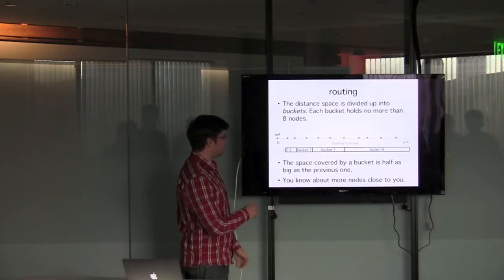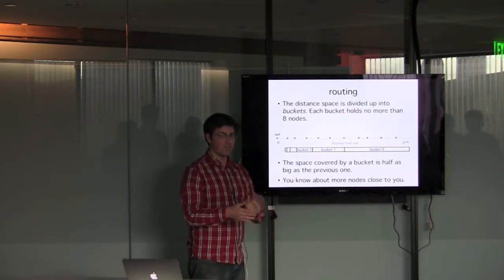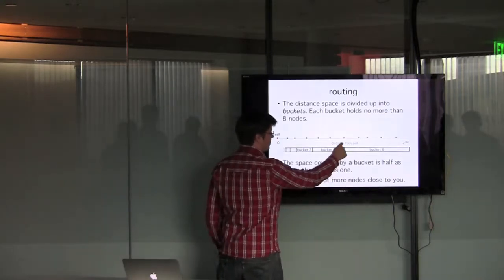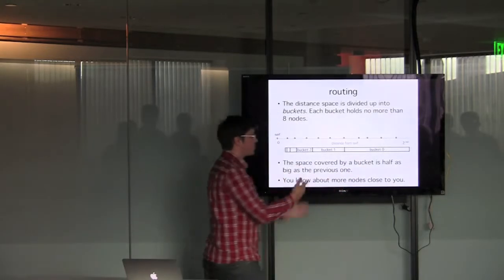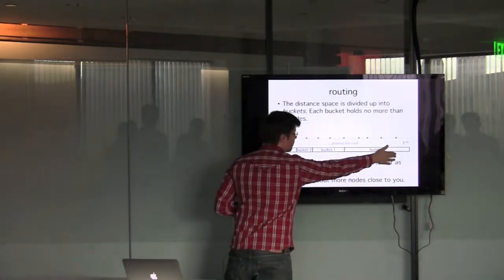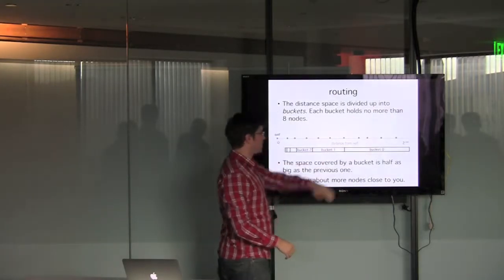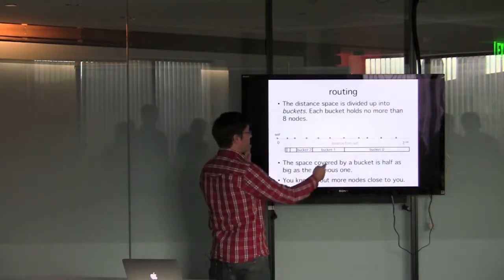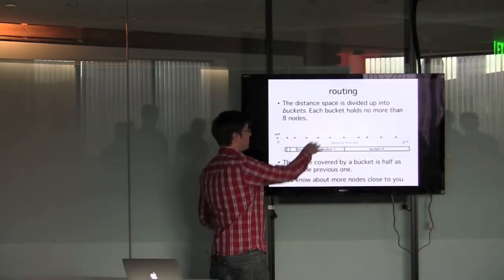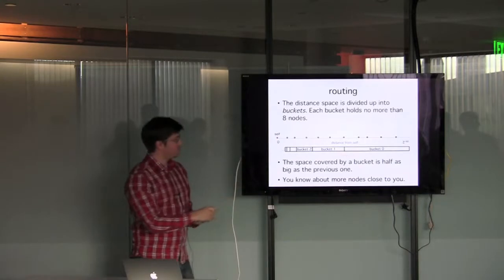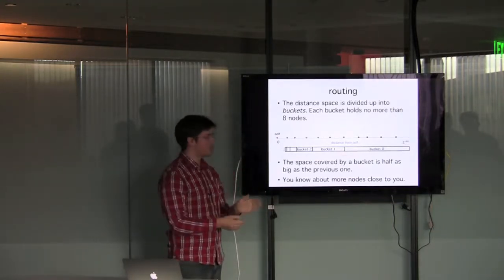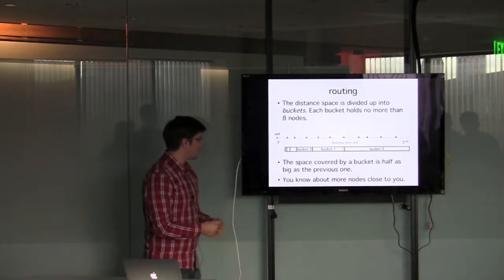And it's not a coincidence that it's divided by half, quarter, and so on, because this essentially means that if the first bit is different from the first bit in our node ID, it's on this half of the space, so it ends up in that bucket. If the first bit is the same, but the second bit is different from our node ID, they end up in this one. So when you look at node IDs in binary form, it's very easy to determine which bucket they end up in.